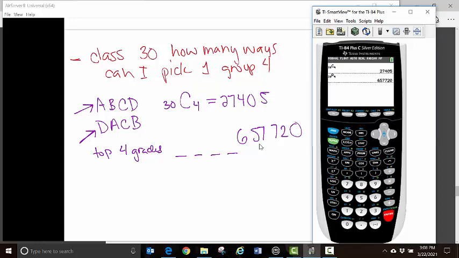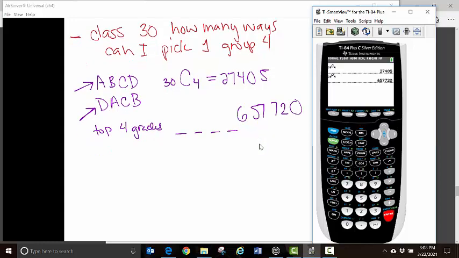All right, lastly, how many ways? Yes, Jacob. Yeah. So you always hit the first number first, then you hit math and scroll over to PRB.